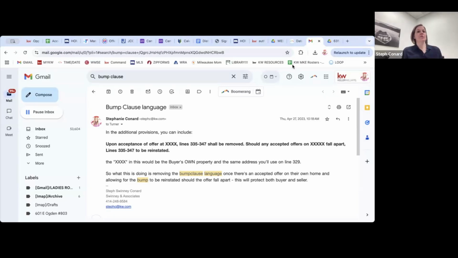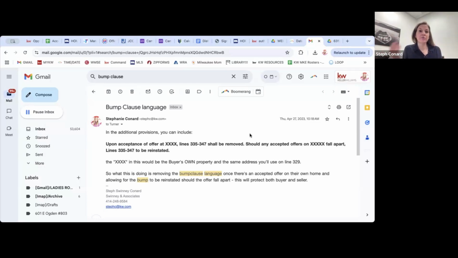Okay. So how this reads, and I'm looking right now at the bold: upon acceptance of the offer at the buyer's primary residence, lines 335 to 347 shall be removed. Lines 335 to 347 is the bump clause language. Should any accepted offers on the primary residence fall apart, then the bump clause shall be reinstated.